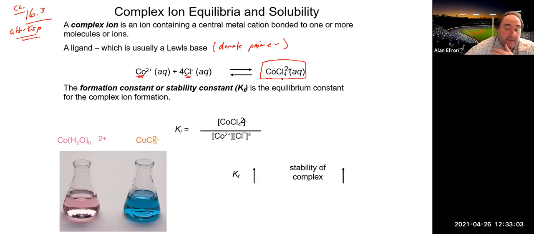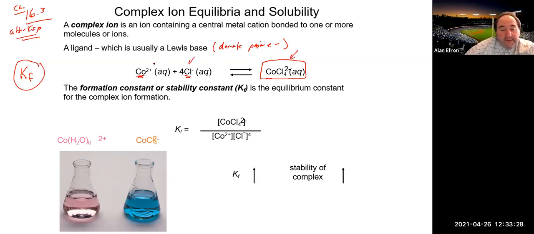And it will set up an equilibrium. Because it sets up an equilibrium, we could not miss talking about K with our complex ions, and it forms what is referred to as Kf, the formation constant, which is really the equilibrium constant for complex ion formation. And again, we do it like any other K value that we've been doing.